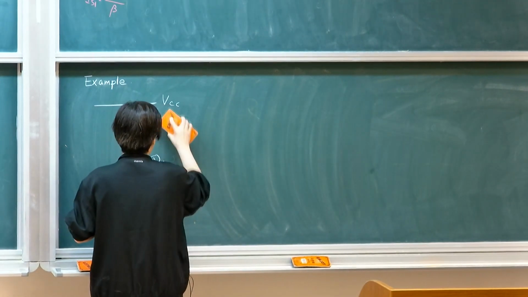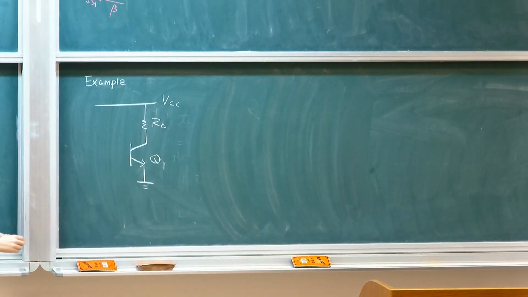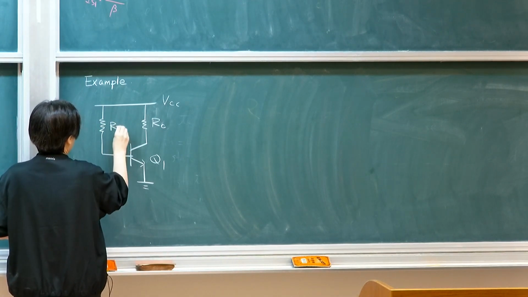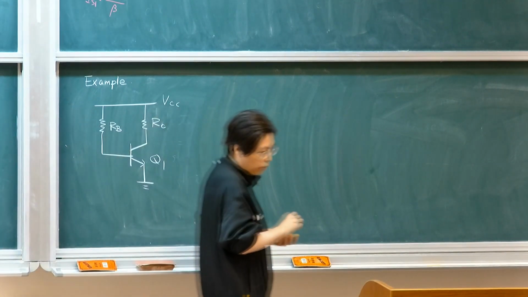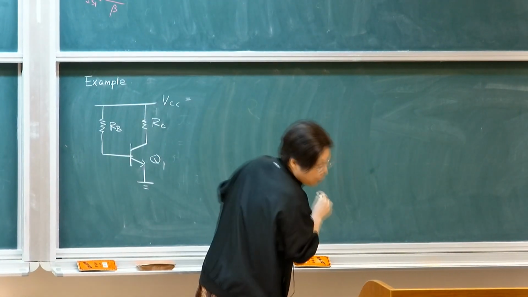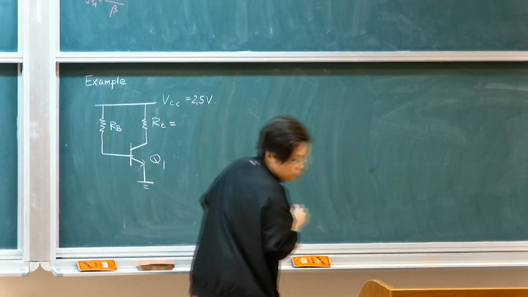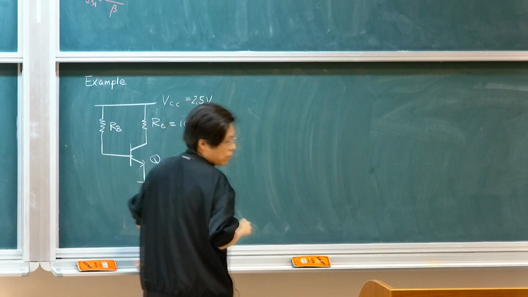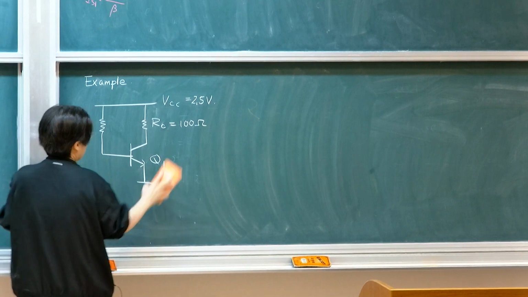I'm using RC because I'm having collector and base. So connecting to the collector is noted as collector resistor RC, and connected to the base is RB. So this is the circuit that's being given to you. I'm just going to give the parameters for VCC equals to 2.5 volt. I have RC equals to 100 ohm. Base resistor is 10K. So let me just give the numbers.